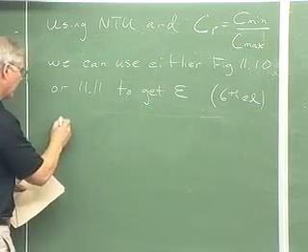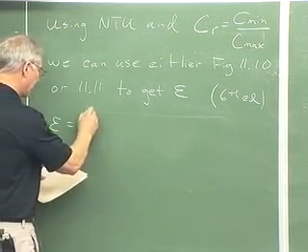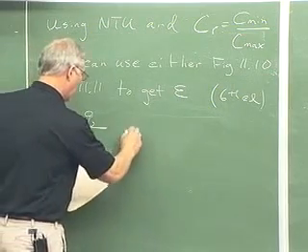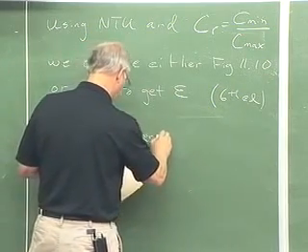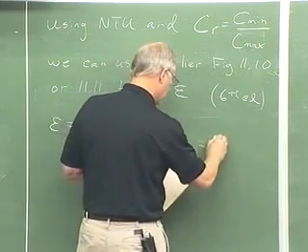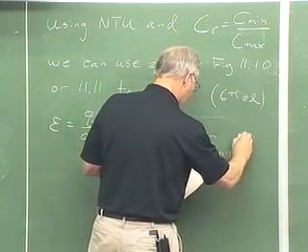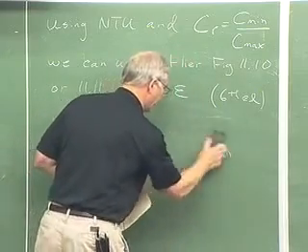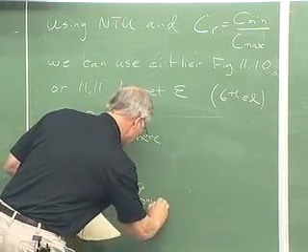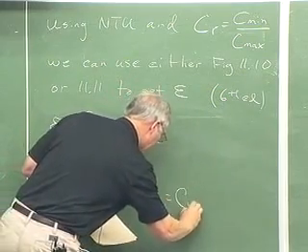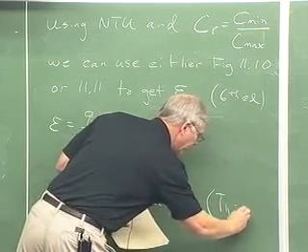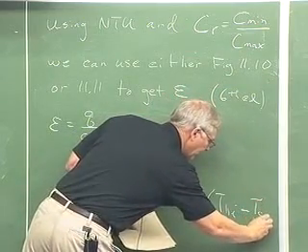All right, well, we know that the effectiveness is equal to Q over Q max, where Q max equals C min times T hot in minus T cold in.